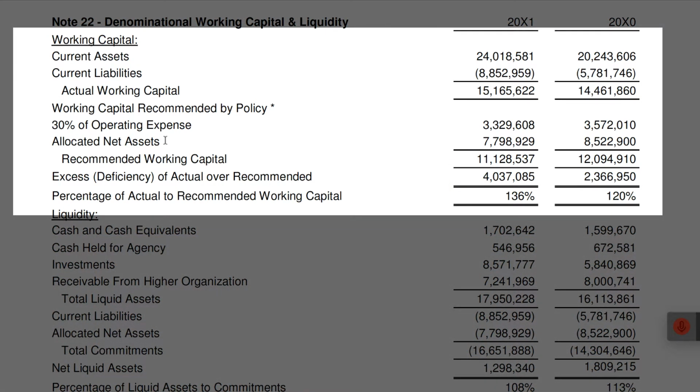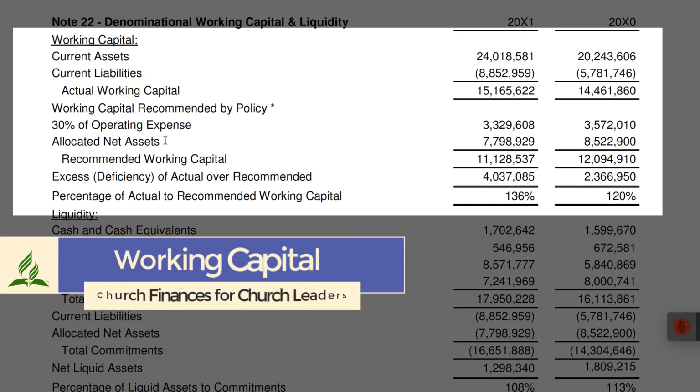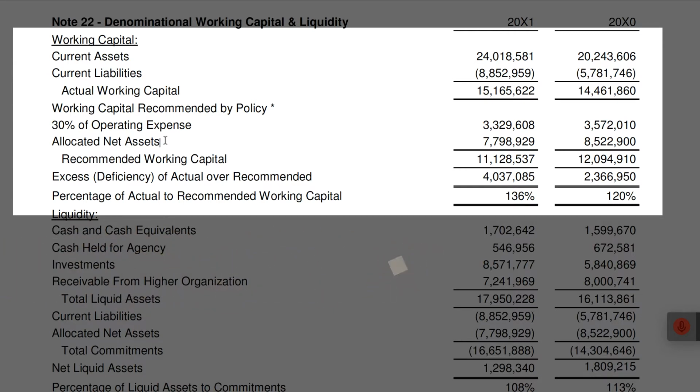And so that's the working capital calculation. I believe it's one of the most important calculations that every church leader should understand well. It's not just policy, it is a very strong indicator of how well you're going to be able to handle the next emergency or the next downturn. It is also positive. It's not just about bad things.